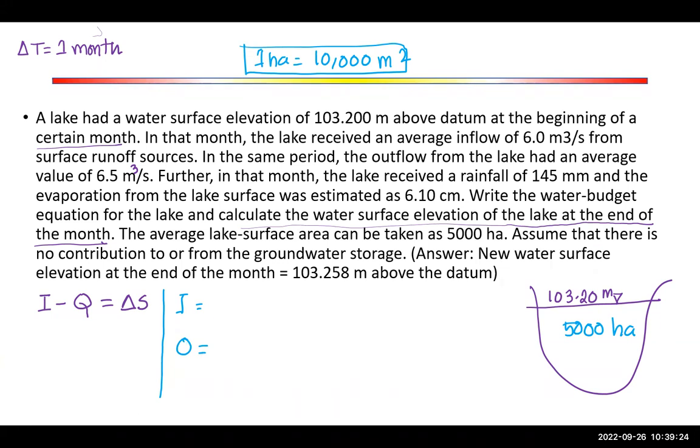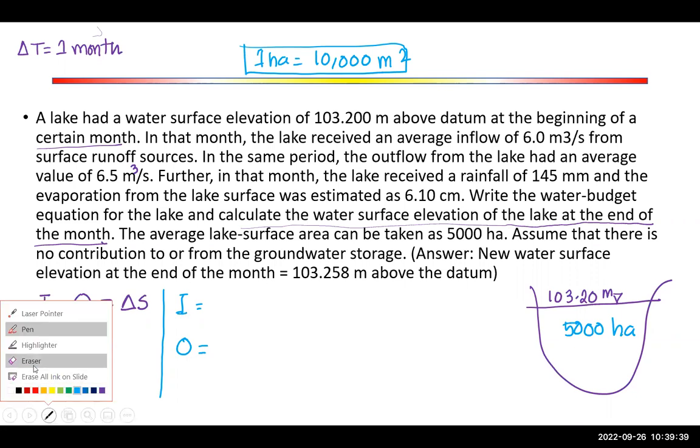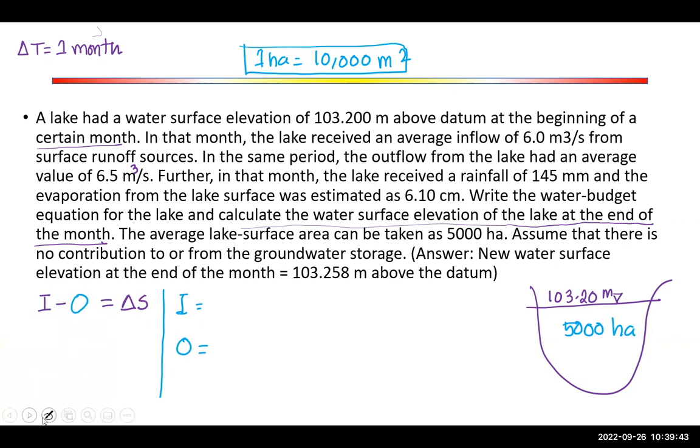Okay, we have kind of 12 minutes, so I'll spend the majority of time here, and then for the next two, I'll just go through very briefly, okay? That should be O, yes, you're correct, that should be output. Okay, so what is the first inflow?